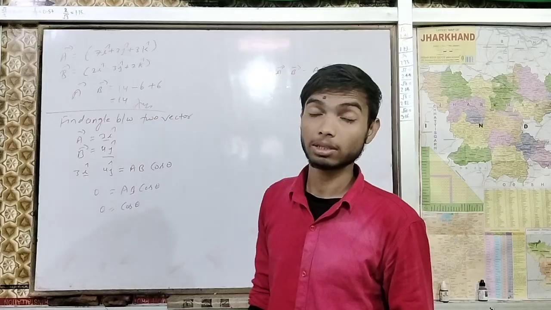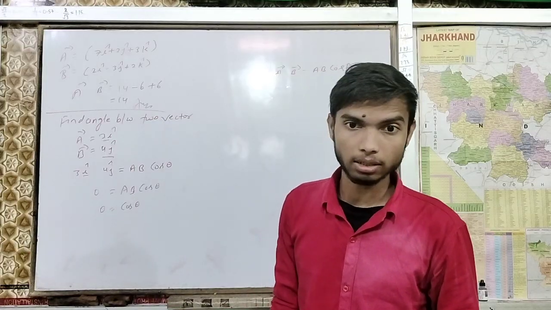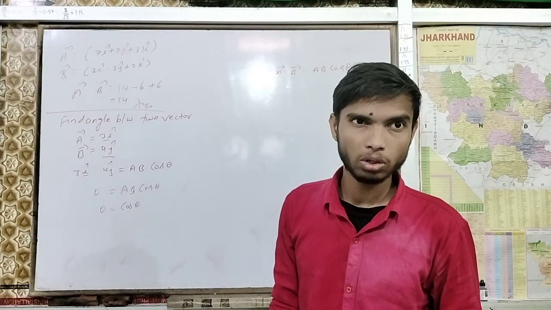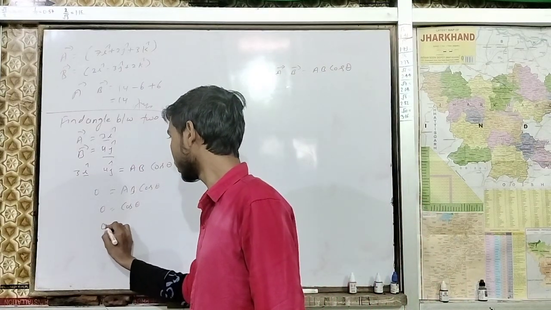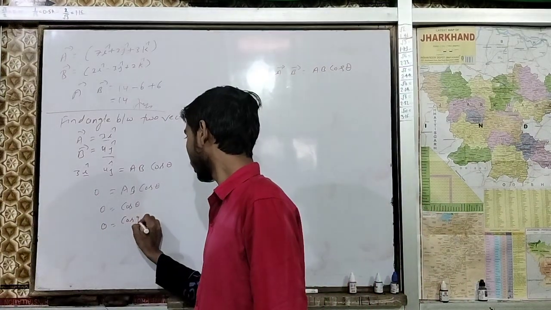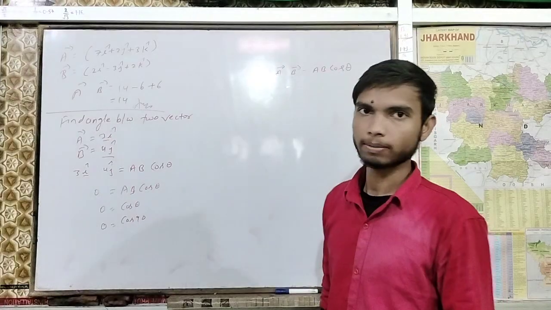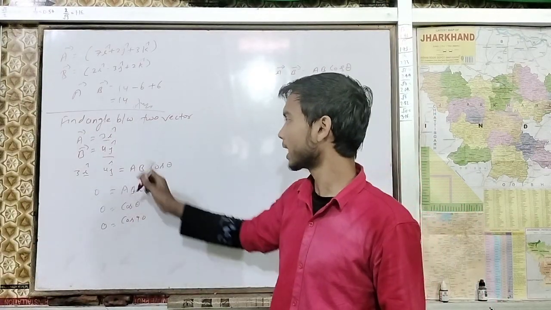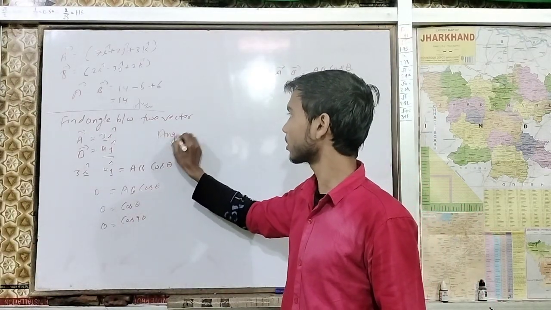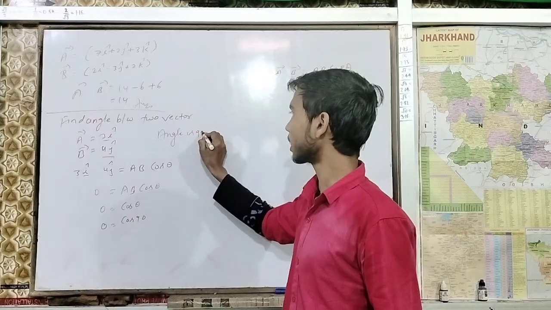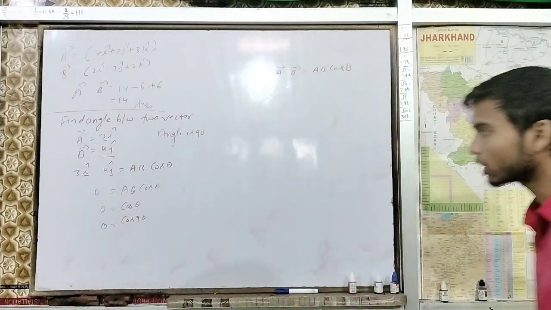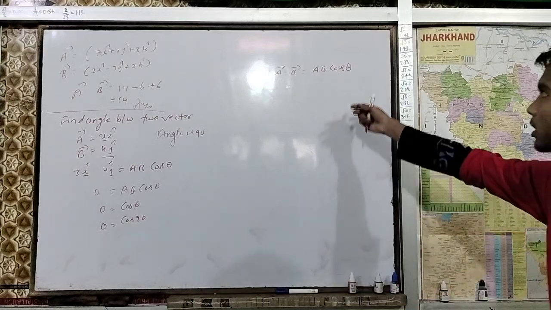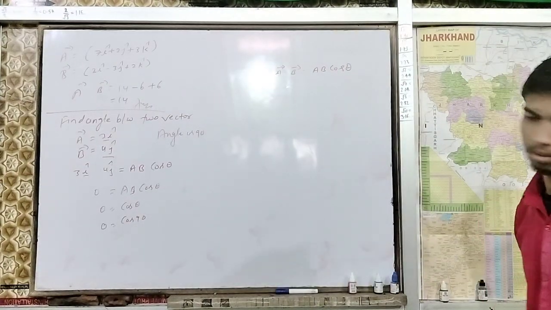How much angle? I think 0, not 0, 90. So finally the angle between these two vectors is 90 degrees. Clear? That is how you will find it by using this.